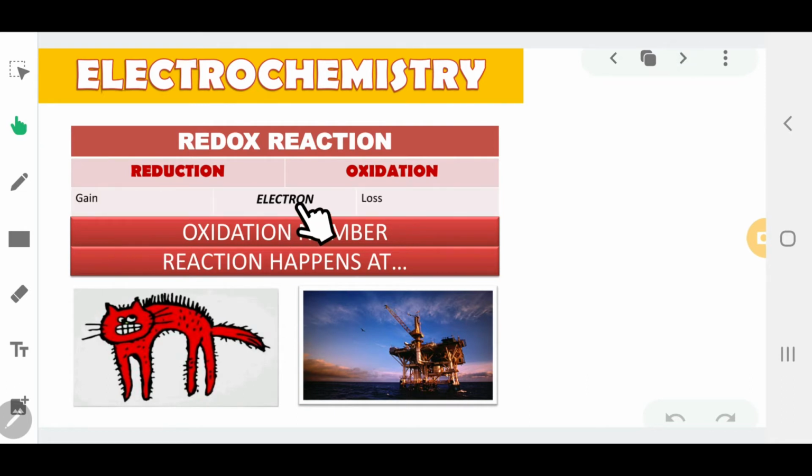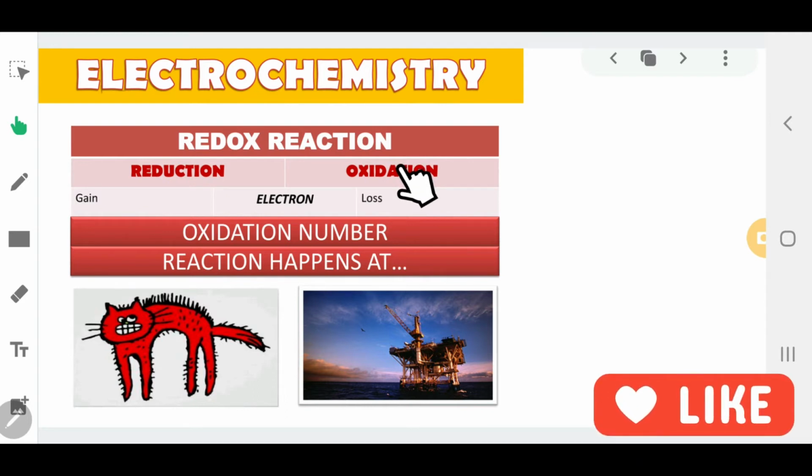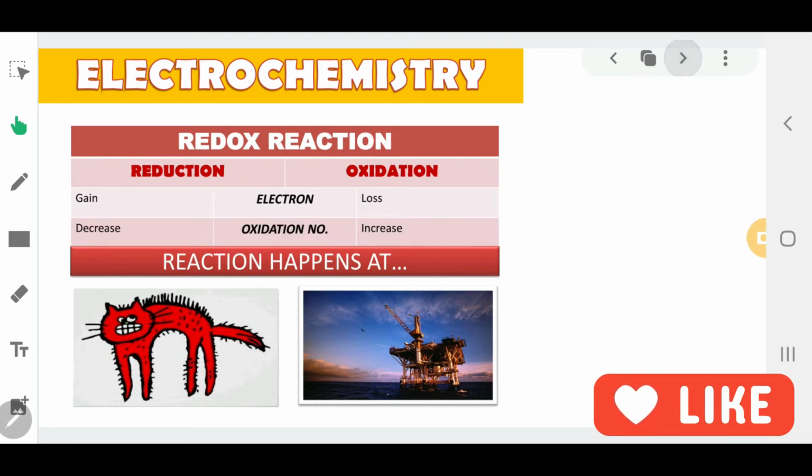For the electron, what happened for reduction process, that is the gaining of electron process. Whereas for oxidation process, that is the process of losing electron. And what about the oxidation number?